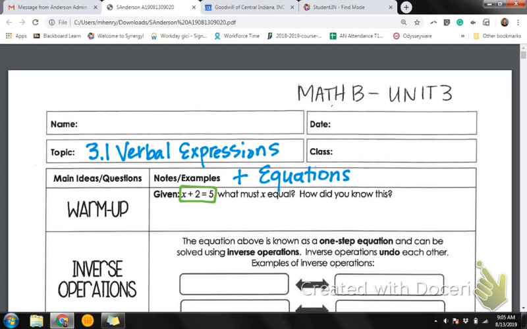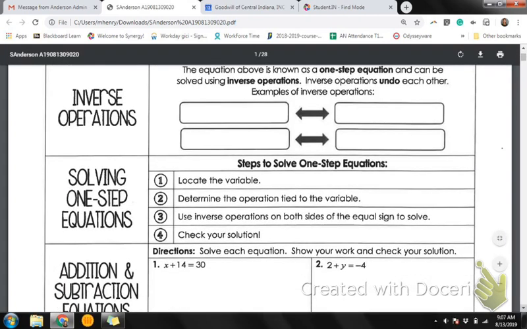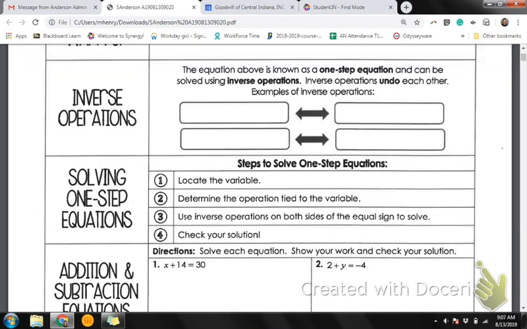So the first thing, before we talk about the process, the first thing we're going to talk about is inverse operations. So when we talk about inverse operations, we're talking about things that undo each other. So inverse operations undo each other. And we're going to use inverse operations as our first vocab word.